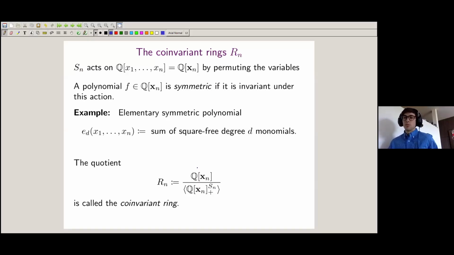And so how could we get an algebraic interpretation of this fact? So let me introduce the coinvariant rings Rn. The symmetric group acts on the polynomial ring in n variables just by permuting the variables. So sigma x_i is x_sigma(i).